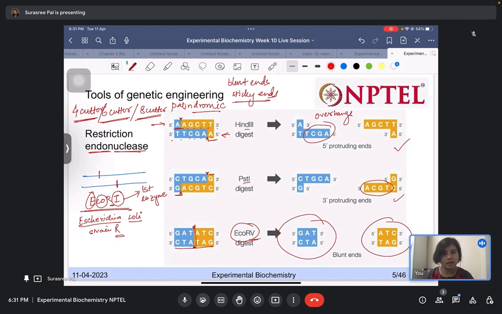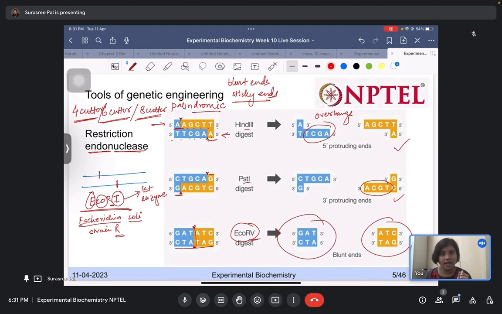These overhangs can be generated by the endonuclease action of these restriction enzymes, and these are called sticky ends because the ends produced by the action of the same enzyme can be ligated together, they can stick to each other. By sticking, I mean they are complementary to each other, so they can form base pairs, right?